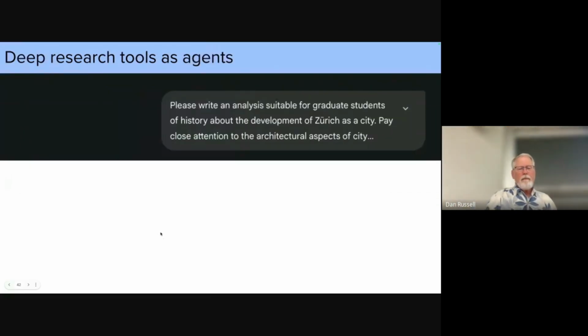So you probably noticed that most of the AI systems these days have what's called a deep research mode. And it's a kind of agent because it will go off and do a bunch of additional work on your behalf that you didn't specify. So deep research actually has a planning phase.